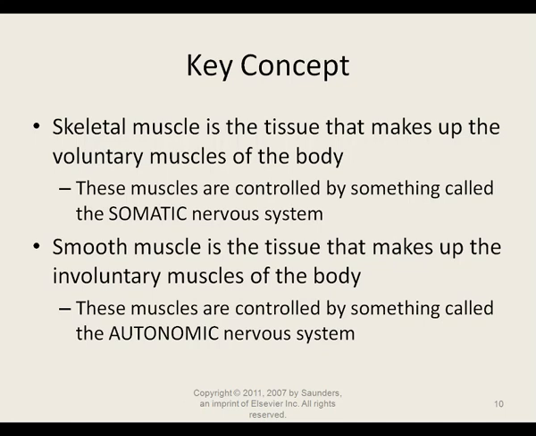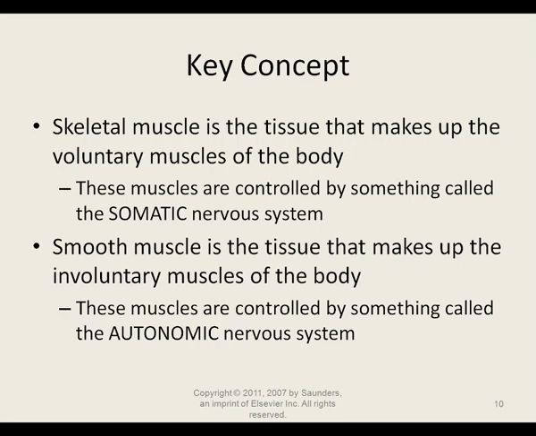So the skeletal muscles, the voluntary muscles, the ones that you can consciously decide to move, are controlled by the somatic nervous system. We're going to talk more about the somatic nervous system when we get to the nervous system in a couple of lectures, but for now, just know that the somatic nervous system is the nervous system that controls the skeletal muscles.